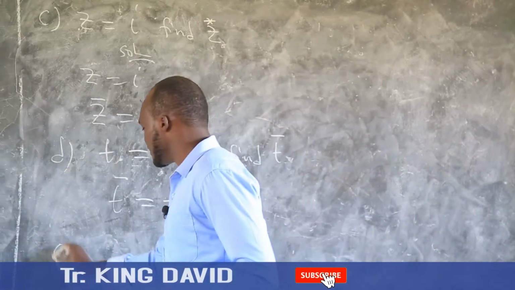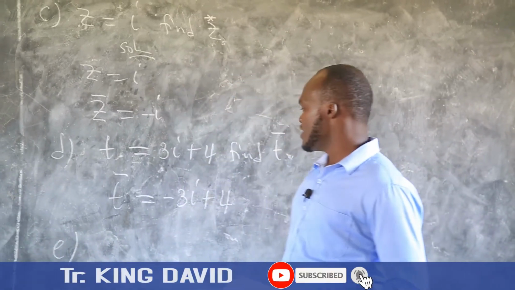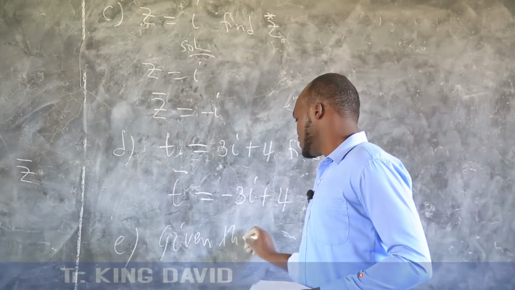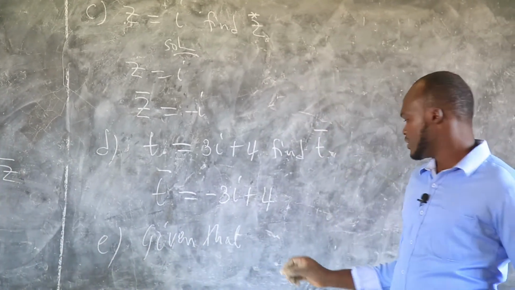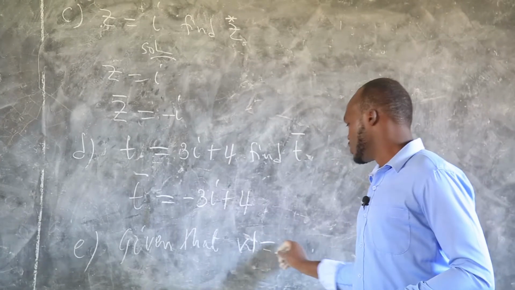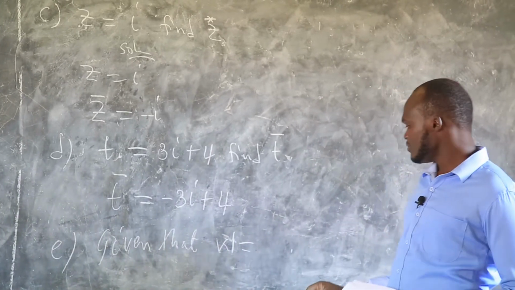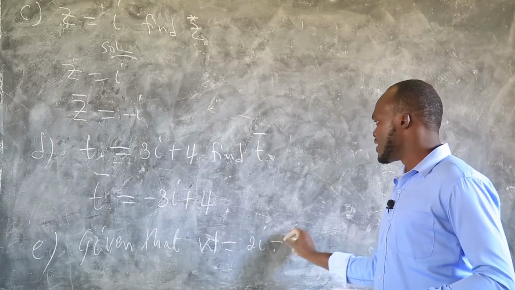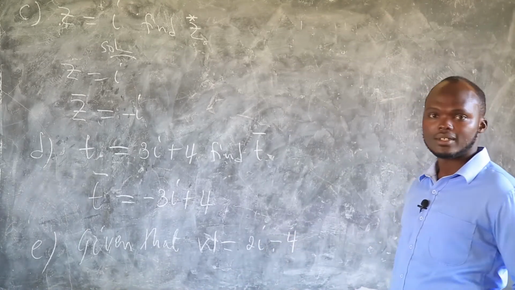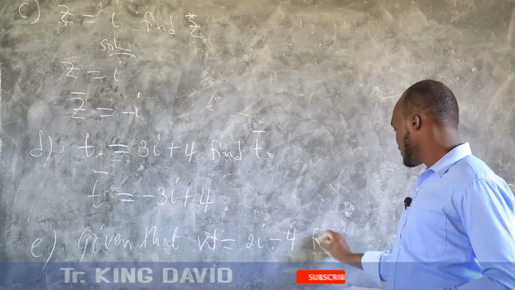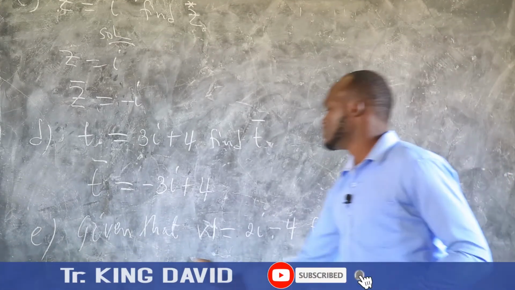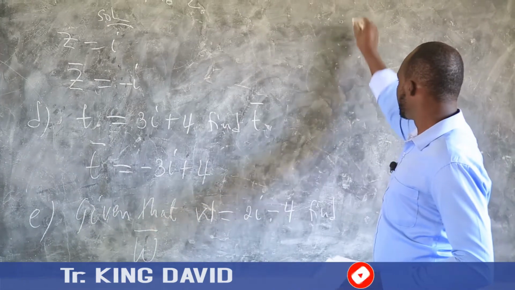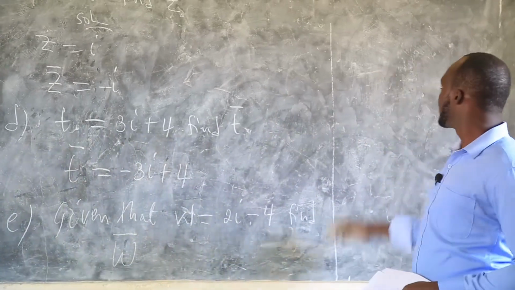Let us have E. Our E is saying that given W equal to 2i minus 4, find the conjugate of W. That's the question.